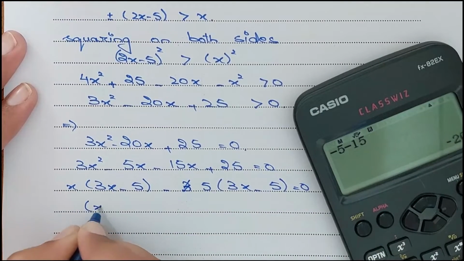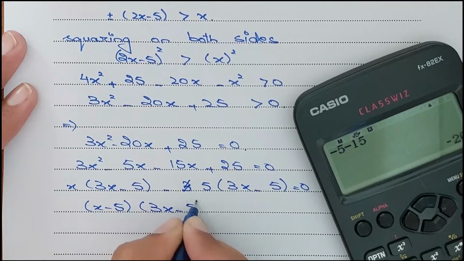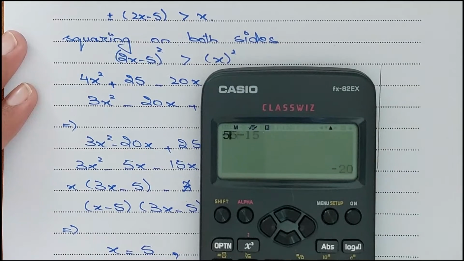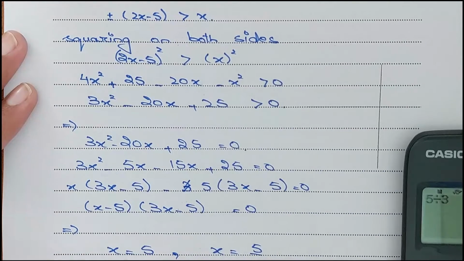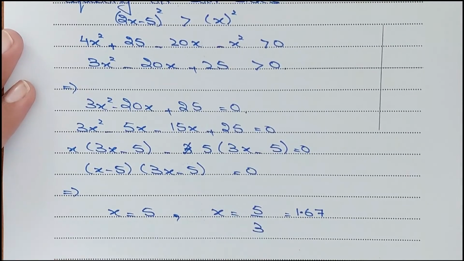The two factors are x minus 5 and 3x minus 5, equal to 0, and from here x equals 5 and x equals 5 by 3, which is 1.67. So we have two roots for this parabola, 5 and 1.67.